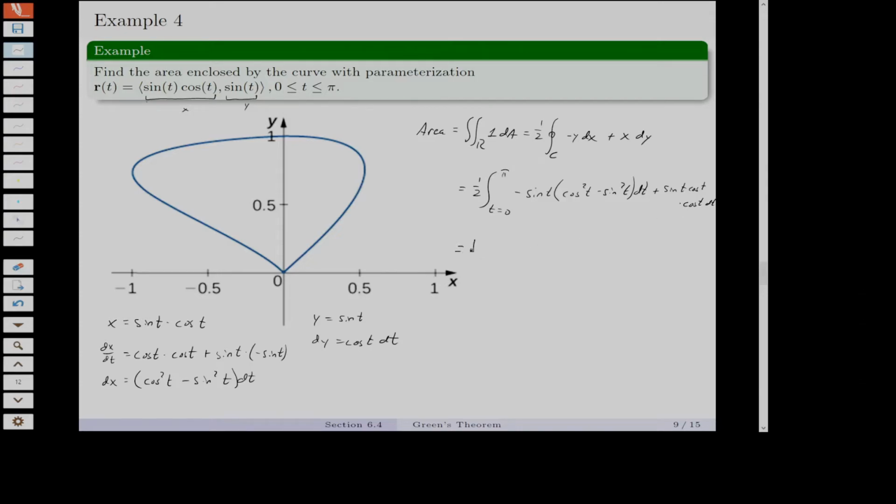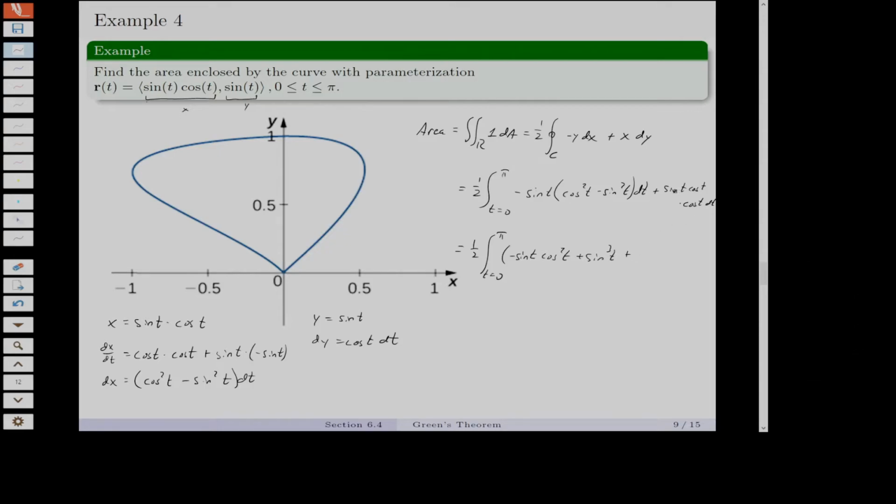So let's see if we can clean this up a little bit. In the first term, I'm going to go ahead and distribute. I have negative sine of t times cosine squared t. And then negative sine t times negative sine squared t is a positive sine cubed t.